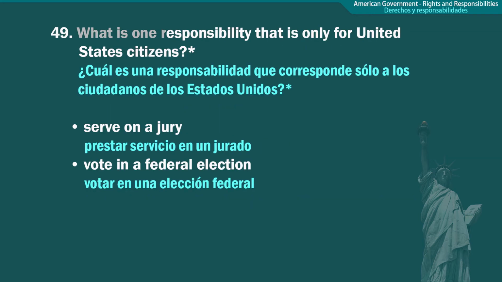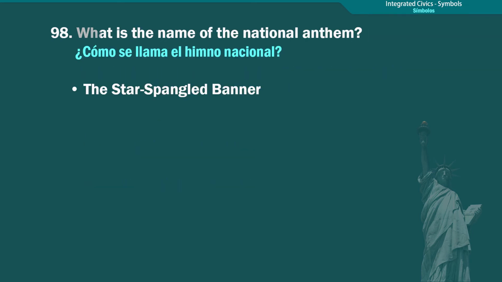What is one responsibility that is only for United States citizens? Serve on a jury. Vote in a federal election. What is the name of the national anthem? The Star-Spangled Banner.